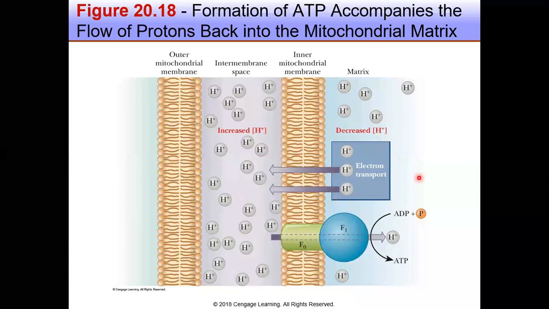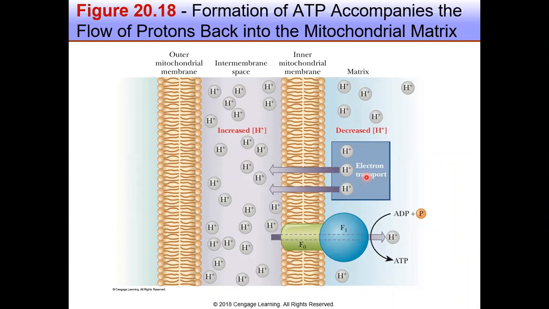Then, to summarize, at the beginning, as a result of electron transport between these electron carriers, NADH to CoQ to cytochromes, and finally to oxygen, as I showed you, each complex will pump a number of protons so that protons in the matrix decrease and proton concentration in the intermembrane space increases.